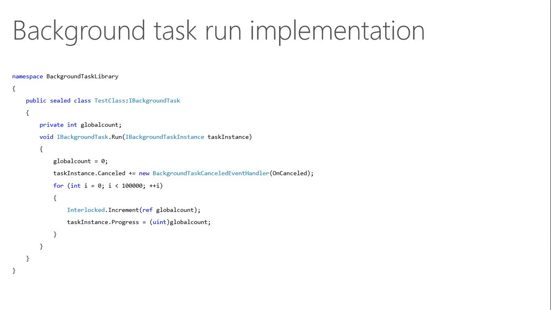I've mentioned before that each background task has its own resource quota. So if a background task is overshooting its resource quota, or there is some situation which requires the system to cancel the running background task, your application should be able to handle this cancel. If you don't, the application gets terminated, which is not a very good scenario. So always remember to implement the cancel event handler in your background task run implementation.